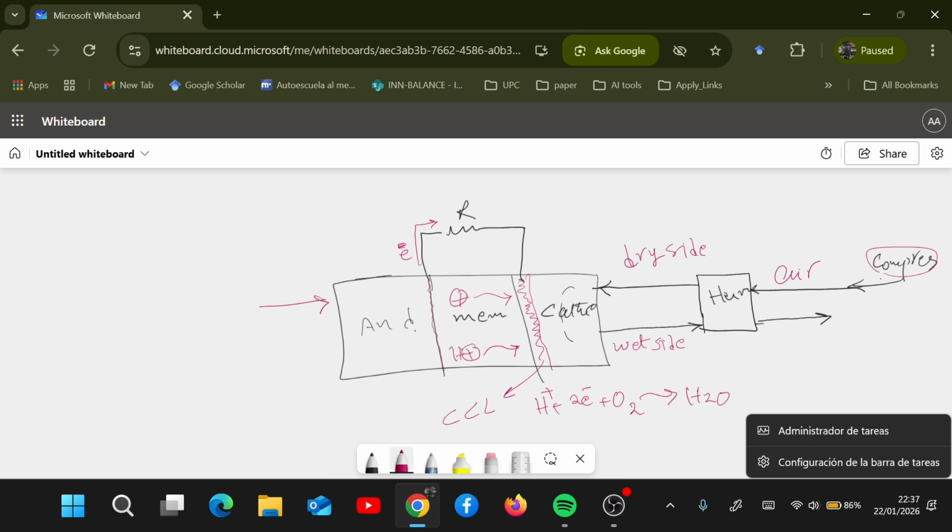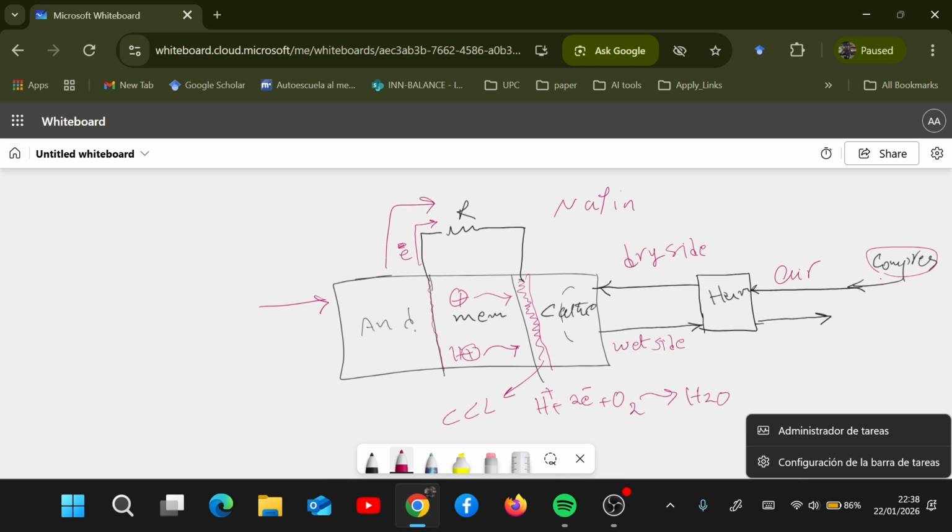The material of the membrane is normally Nafion, and it has the characteristic of conducting ions, so protons, but it doesn't conduct electrons. That's why the electrons cross the external circuit, but the protons cross the membrane.